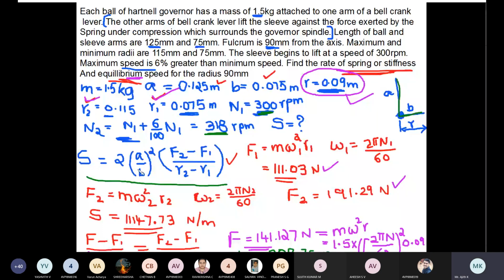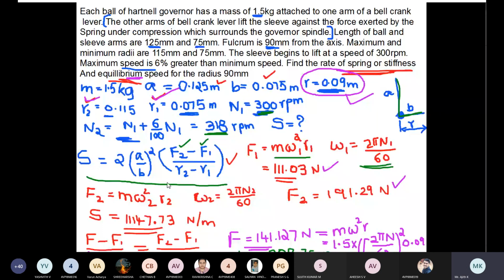A and B values are given in the question. And to find out F1 and F2, you have to use the equation m omega square r, where omega is given by 2 pi n by 60. The values of R1 and R2 are given in the question. So substitute every value and you will get spring stiffness.